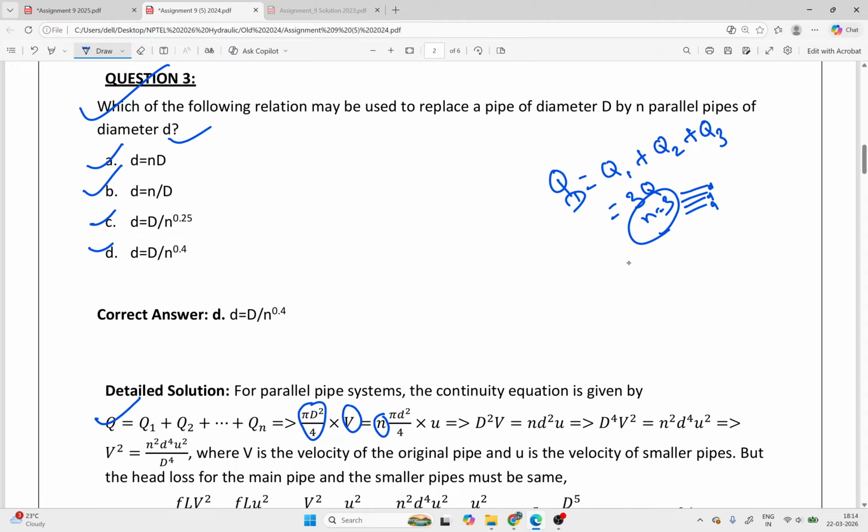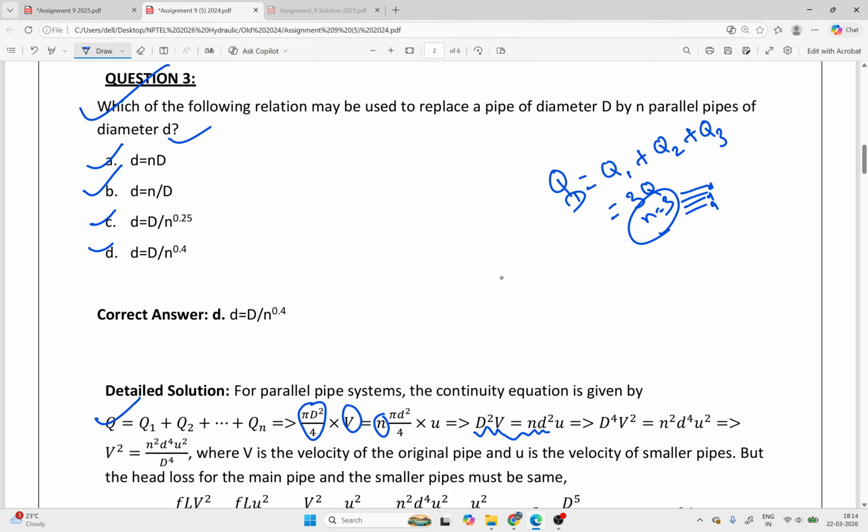But here this is not a numeric type question, so you need to find the relation. Now pi by 4 will cancel out, and you will come up with D square V equals N d square u.